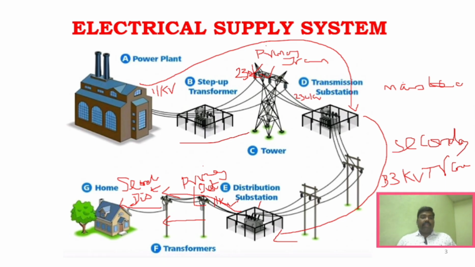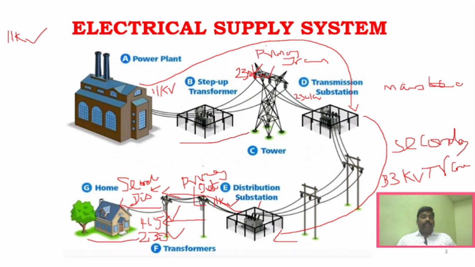Where again this 11 kilovolt will be converted to 415 volt or 230 volt depending upon the consumer needs. If it is single phase, it will be 230 volt, and if it is three phase, it will be 415 volts.